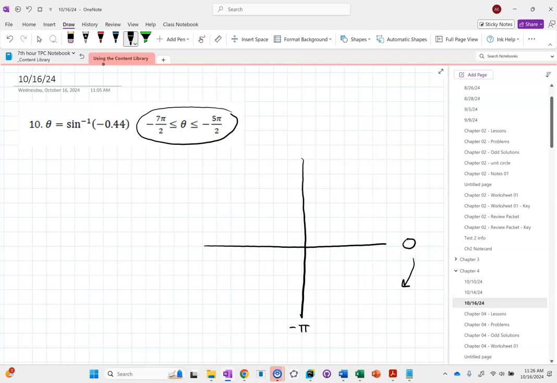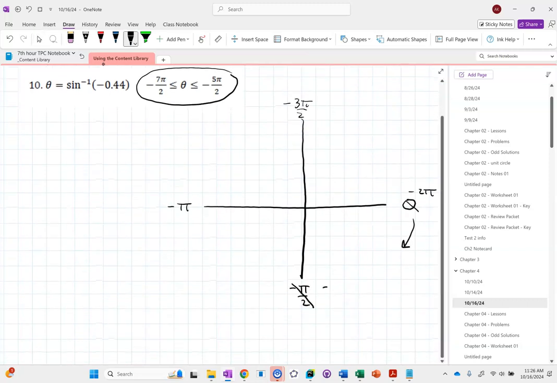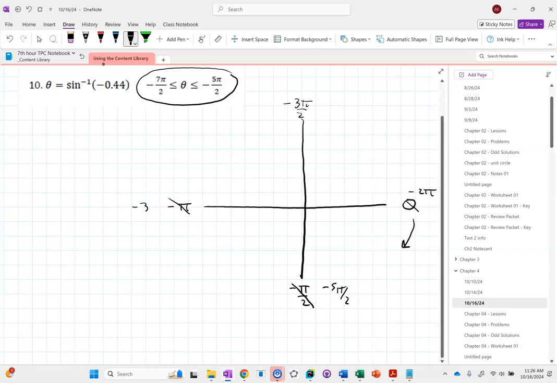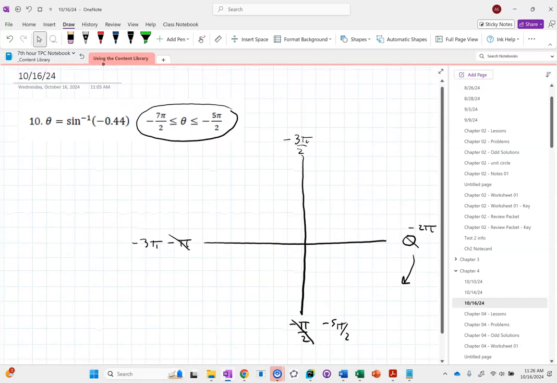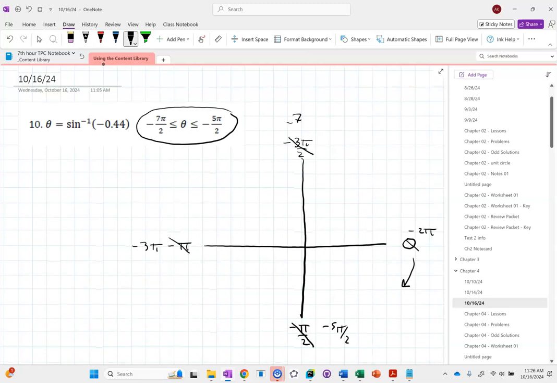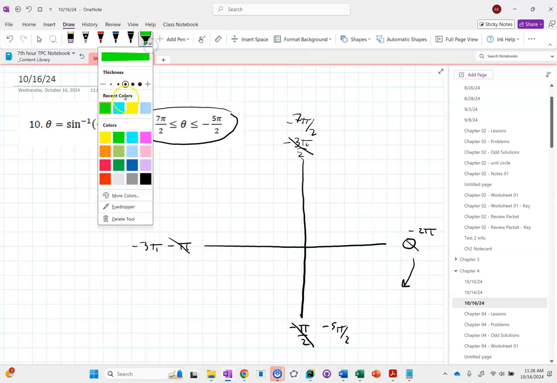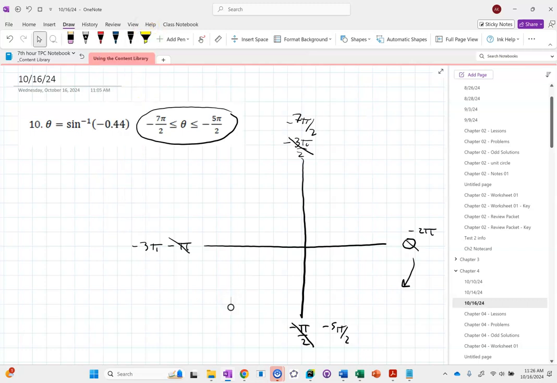So we're going clockwise, so that's 1/2 pi, that's 2 halves, that's 3 halves, that's 4 halves, that's 5 halves, that's 6 halves, and that's 7 halves. Is everybody okay with that?